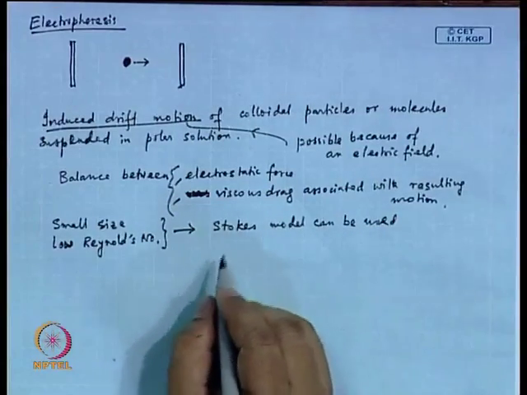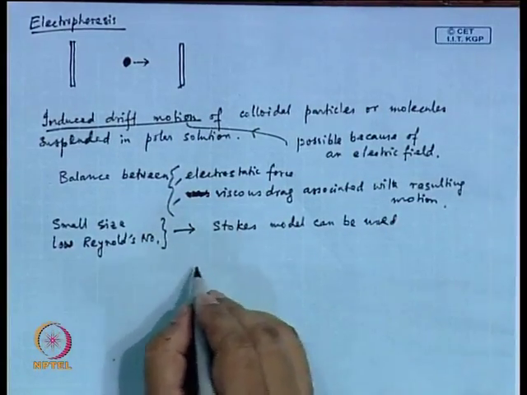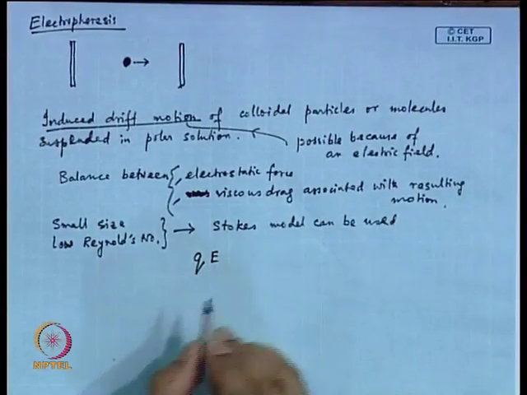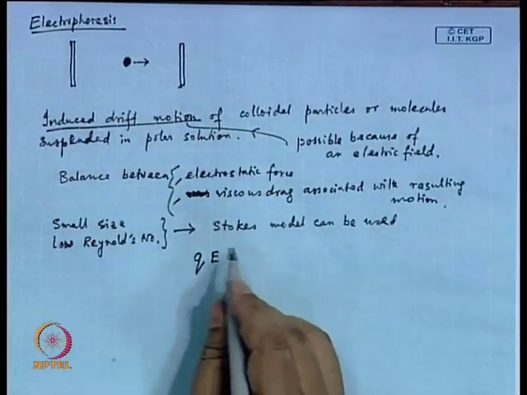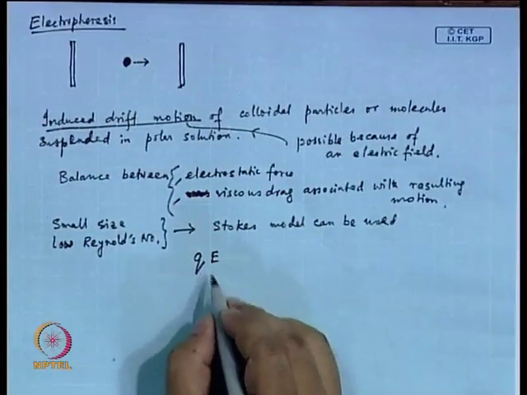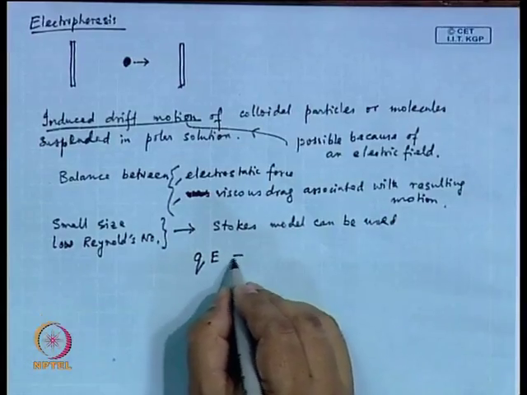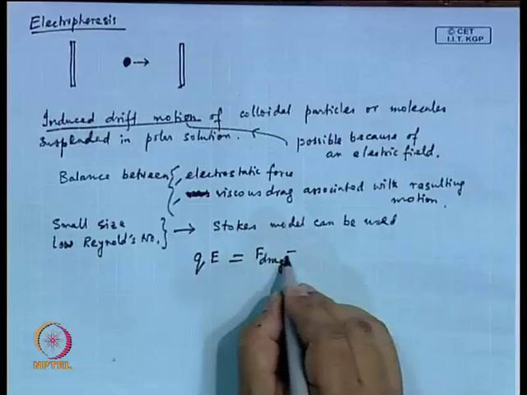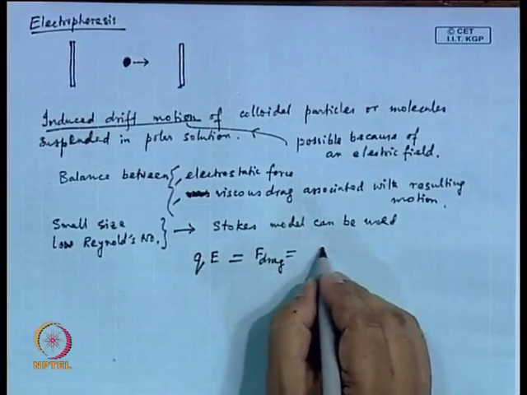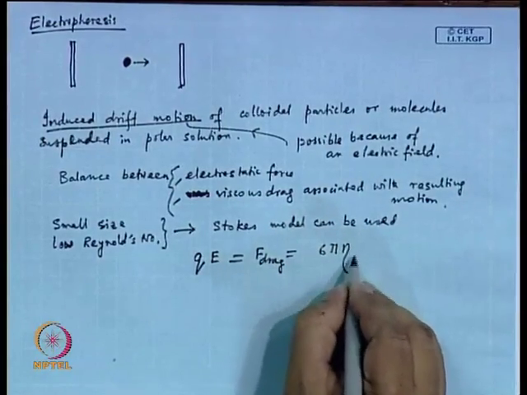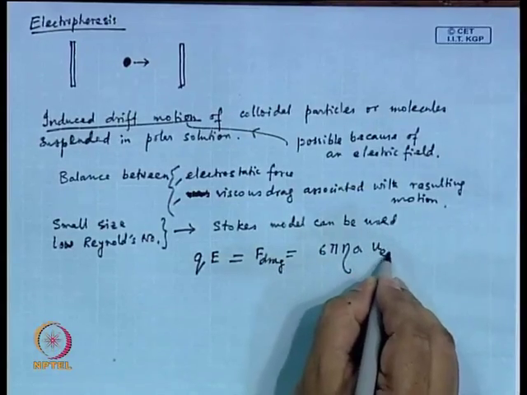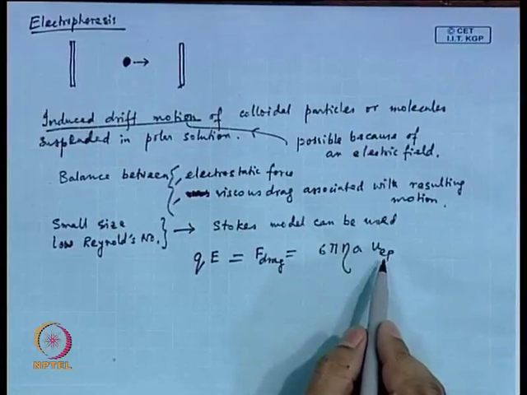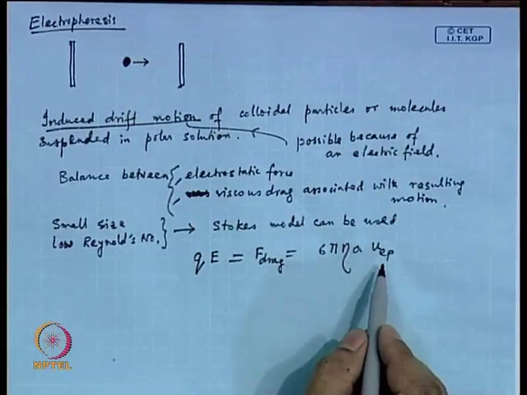So what you would be writing in that case is Q into E, where Q is the charge on that particle and E is the electric field, and that has to be equal to F drag, the drag force, and this drag force is given by 6 pi eta a u_ep. u_ep is the electrophoretic velocity, that means the velocity attained by the particle at steady state.